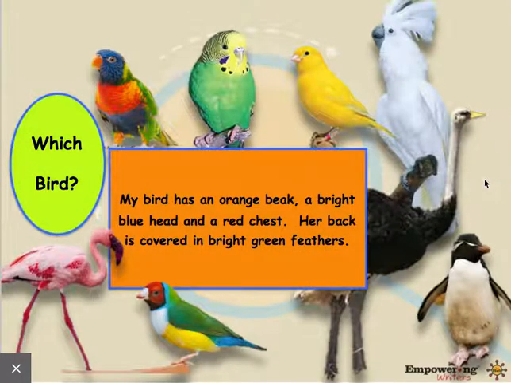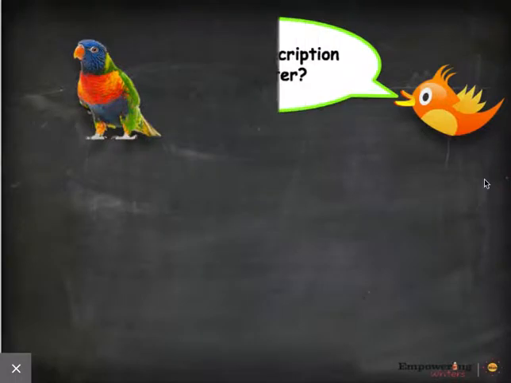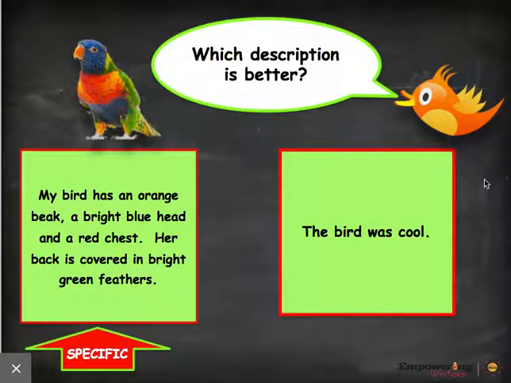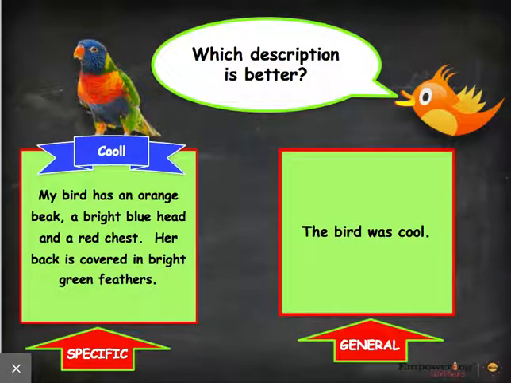My bird has an orange beak, a bright blue head, and a red chest. Her back is covered in bright green feathers. Now do you know which bird we're talking about? So which description is better? The specific description that gives you all of these details, or the general description? If you said this one, you're right.